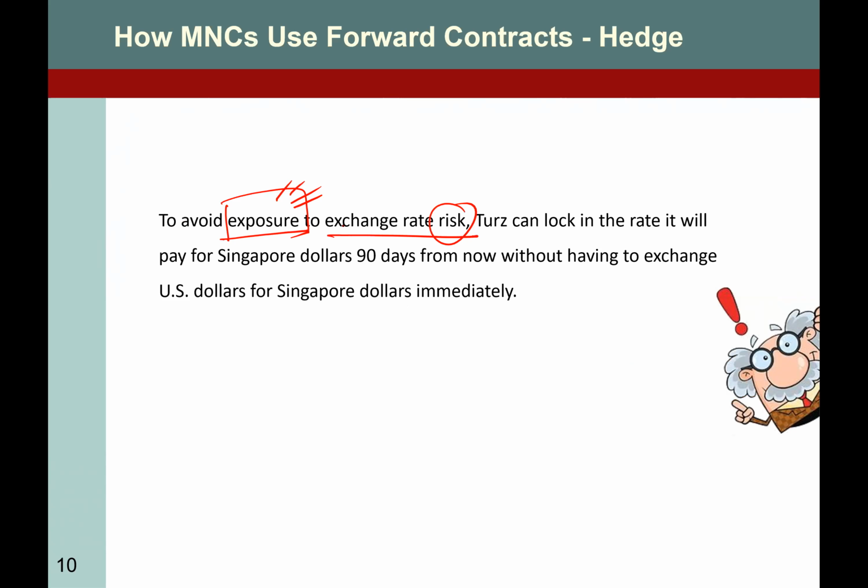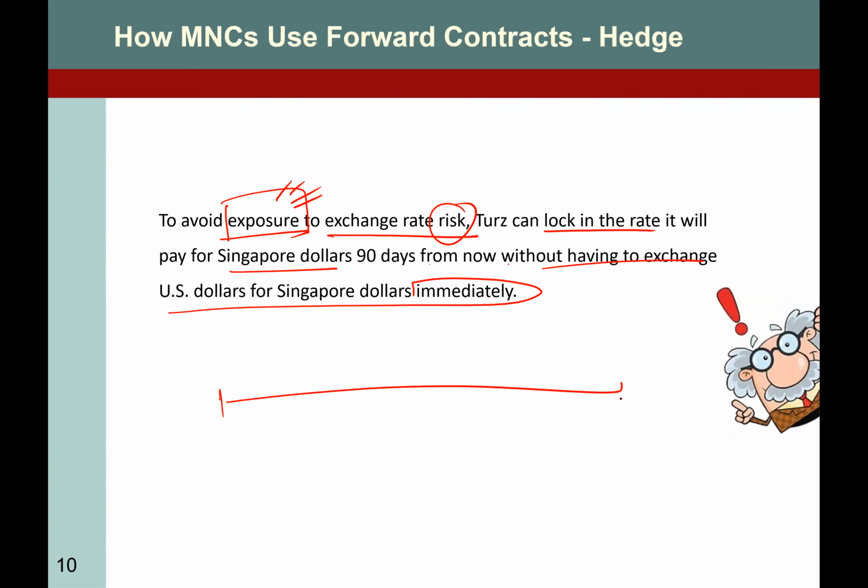So to avoid exposure to exchange rate risk, traders can lock in the rate they will pay for Singaporean dollars 90 days from now without having to exchange US dollars immediately. So rather than waiting for 90 days, they can enter into a contract, right?